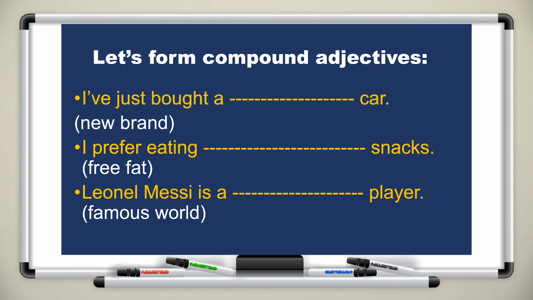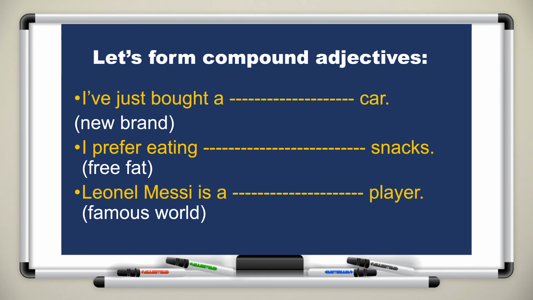Let's form compound adjectives using the words we have between brackets. The first sentence is, I've just bought a dash car. We have new and brand. Can you create a compound adjective using those two words? I want to create an adjective using the word new and brand and put it in the sentence.